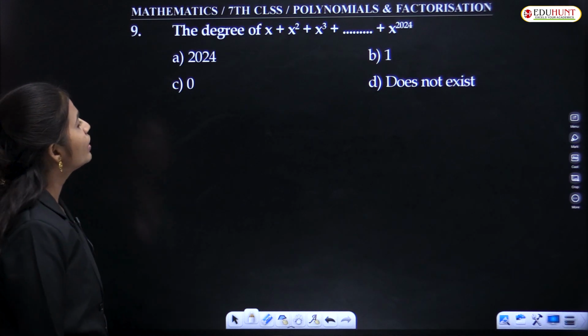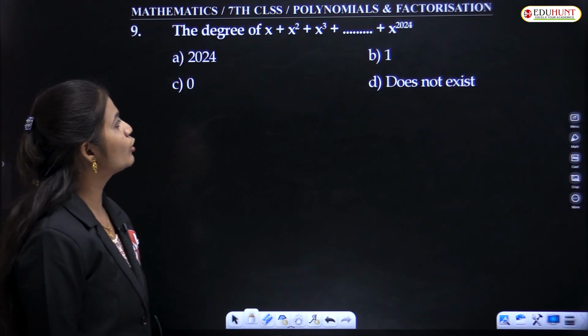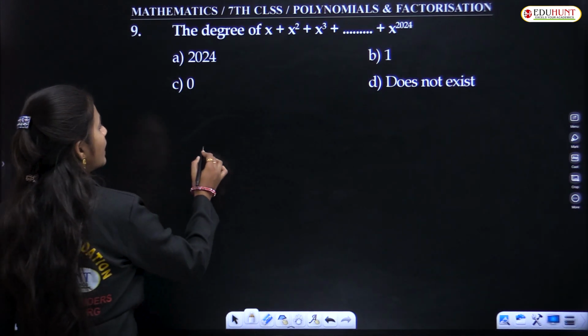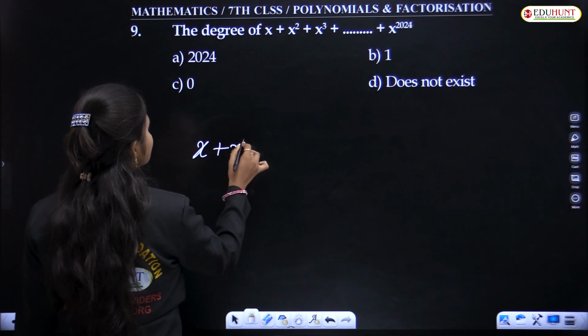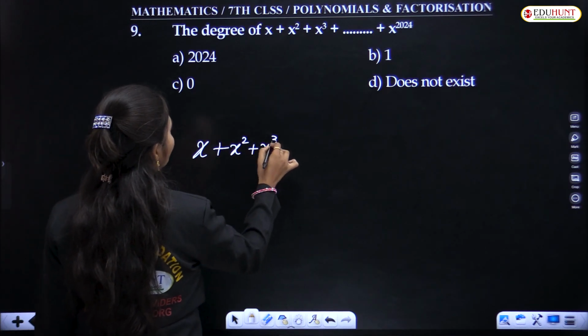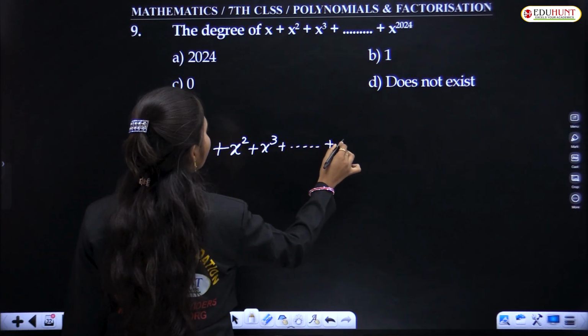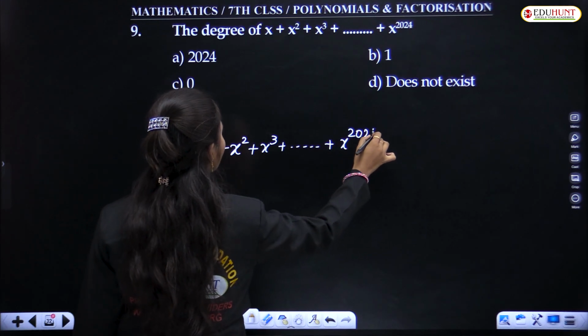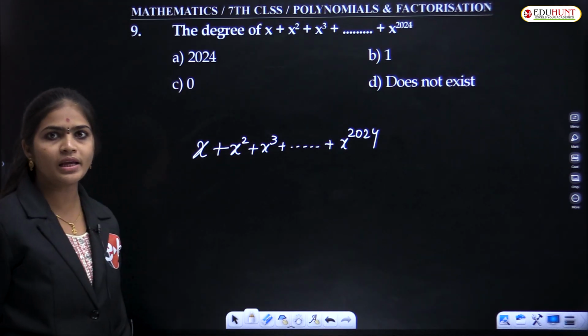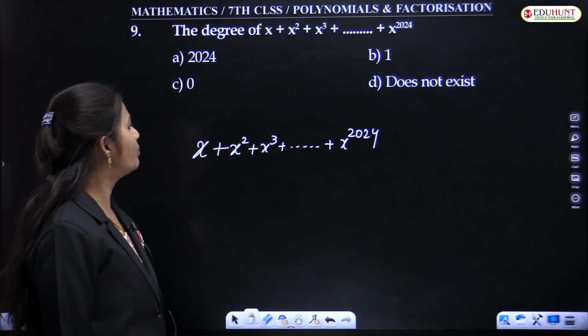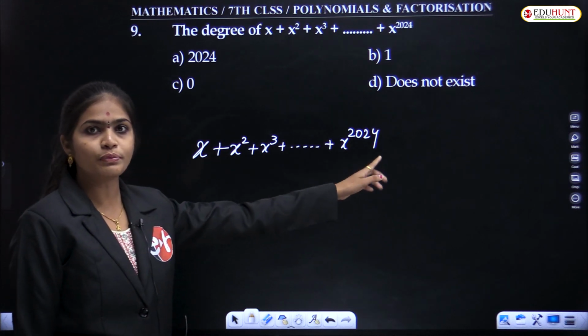The degree of x plus x square plus x cube plus and so on, plus x power 2024. Actually, this is a polynomial, right? In that polynomial, how many terms are there? 2024 terms.